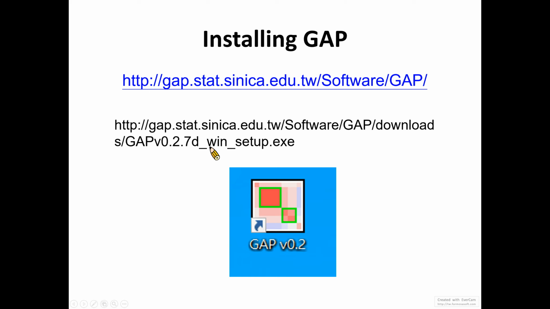But in Windows systems, we can just directly install these setup files, and you will eventually get these icons on your desktop. So this is an executable program. You can download it from the GAP website by Academia Sinica, Dr. Chen Ho.